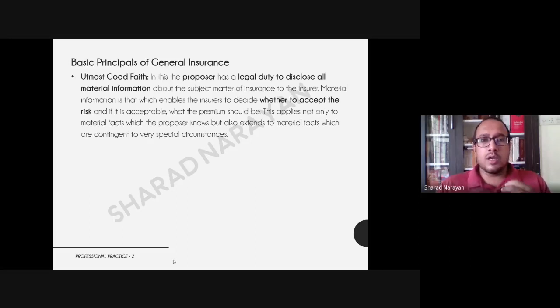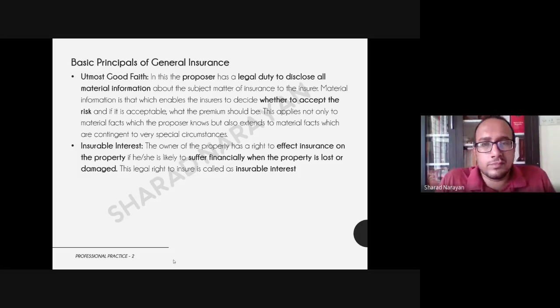The proposer will reveal all of the information that is absolutely necessary for the insurer to make the right call. The insurable interest. The owner of a property has a right to effect insurance on the property if he or she is likely to suffer financially when the property is lost or damaged. This legal right to insure is called insurable interest.